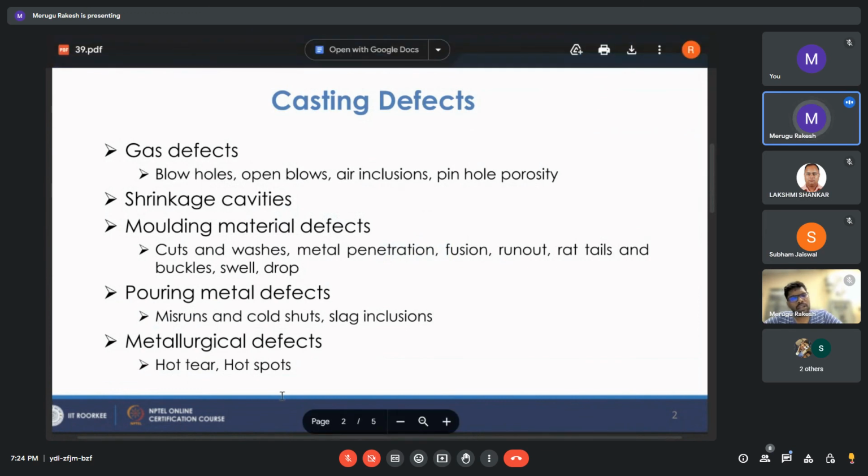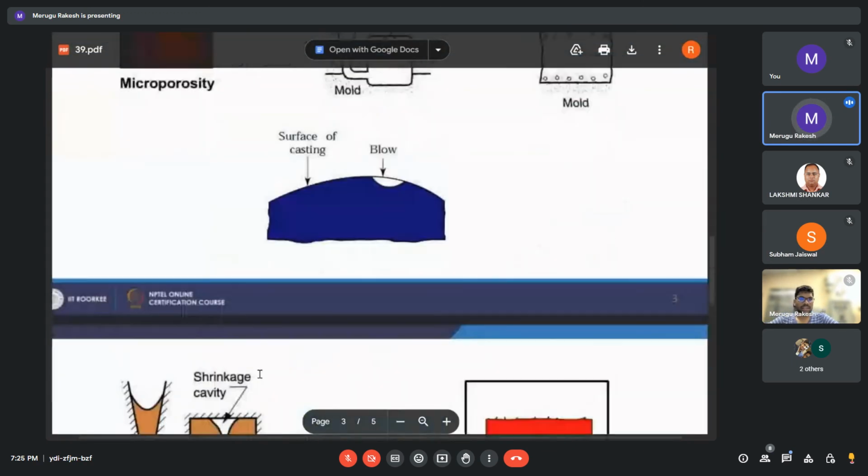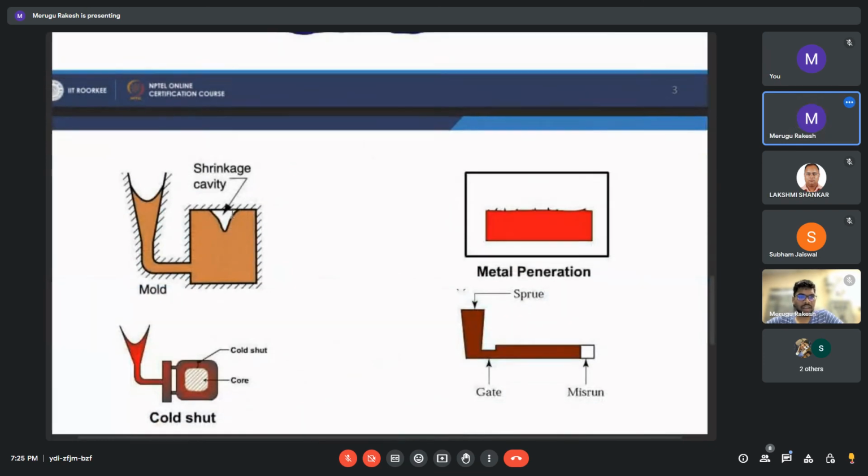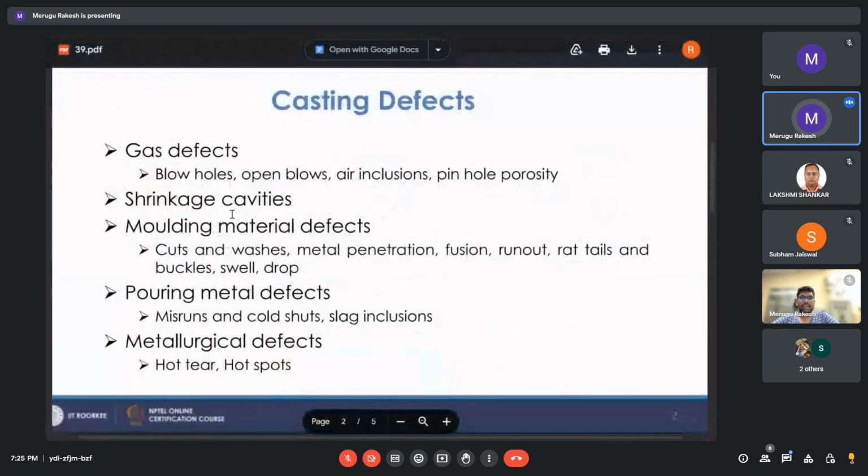And one more thing. Here they have mentioned shrinkage cavity, but in general castings, shrinkage cavities and gas cavities are of the same order. Gas cavities are more or less micron sized, so shrinkage cavities are also of the same order.